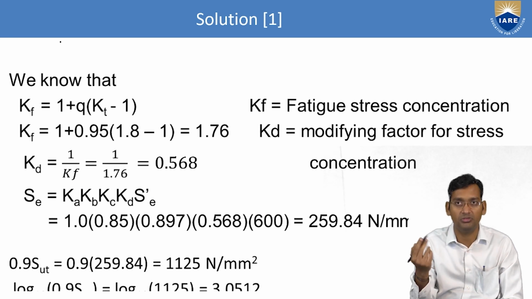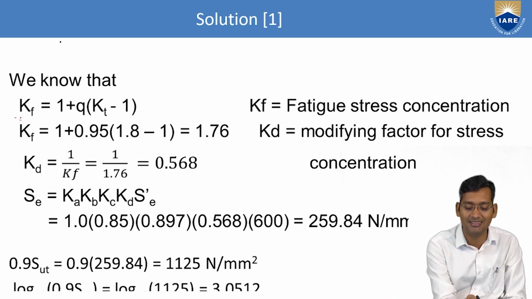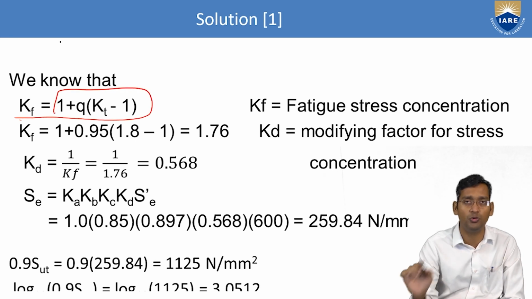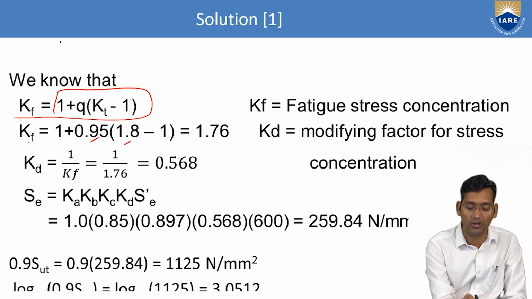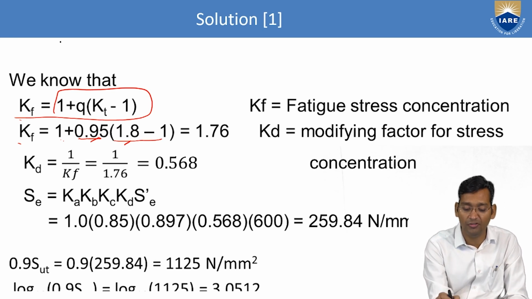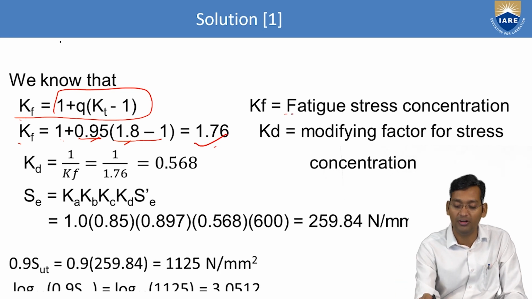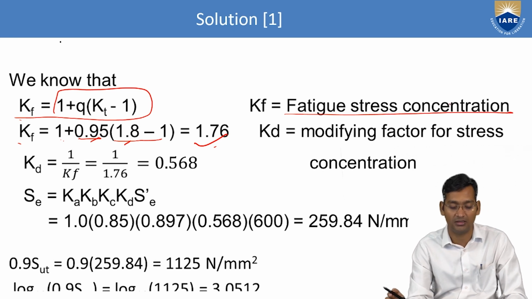Now apply the notch formula again: Kf equals 1 plus q into Kt minus 1. Kt is given, q is given. After putting in the values, Kf equals 1 plus 0.95 into 1.8 minus 1. After simplifying, we get 1.76, where Kf is the fatigue stress concentration factor.